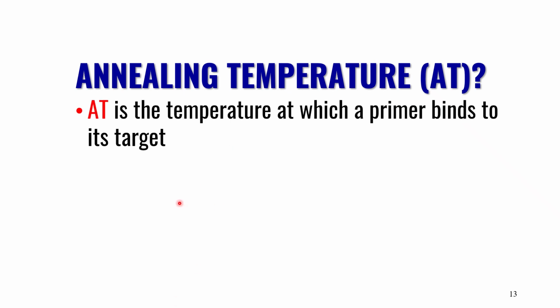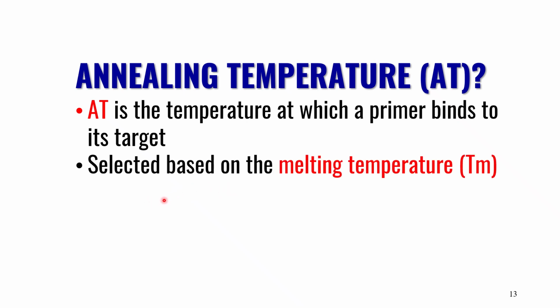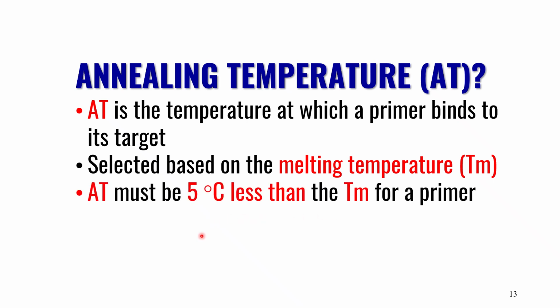Annealing temperature is the temperature at which a primer binds to its target, and this temperature is selected based on the melting temperature of that particular primer. AT, or annealing temperature, must be at least 5 degrees less than the melting temperature, or Tm, for a given primer. So it is very important to understand what Tm is and how to calculate Tm for a given primer.